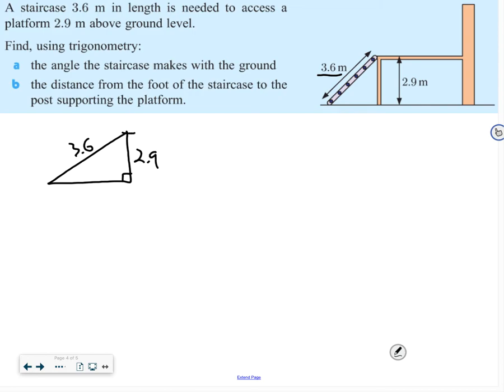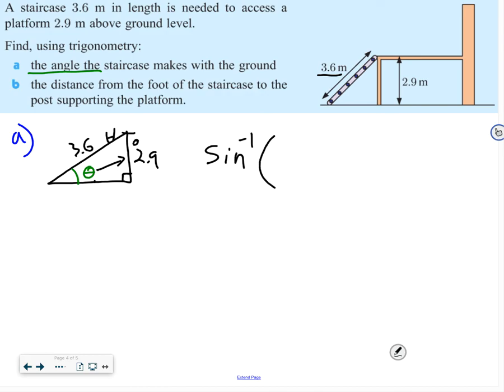My first part is to find the angle the staircase makes with the ground. The ground is there and the staircase, so that's my unknown theta. Setting up my equation for part A, I recognize that I have the opposite side and the hypotenuse, and I'm finding an angle. Opposite and hypotenuse is going to be sine, but because I'm finding an angle, I want to use the inverse sine.